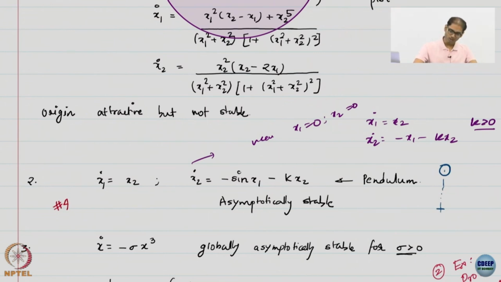Why I do not discuss this particular method is because it does not tell you how local is local. It just tells you that if the linearization is asymptotically stable, the nonlinear system is locally asymptotically stable. It does not tell you how local, it does not tell you the delta in those definitions.